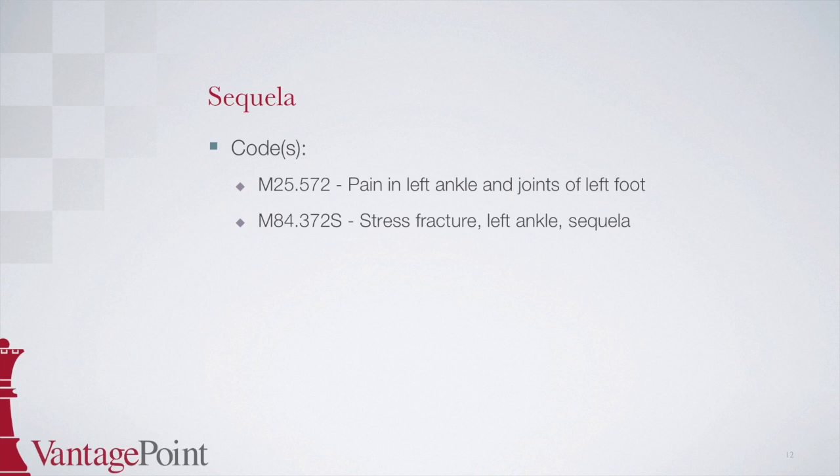Our 7th character options are in a box under subcategory M84.3. Since documentation states that the patient is status post healed fracture and they're now experiencing the pain as a late effect, a 7th character of S for sequela is appropriate. Remember that with sequela coding in this chapter, the sequela itself is coded before the fracture code, with the 7th character indicating the current episode of care.